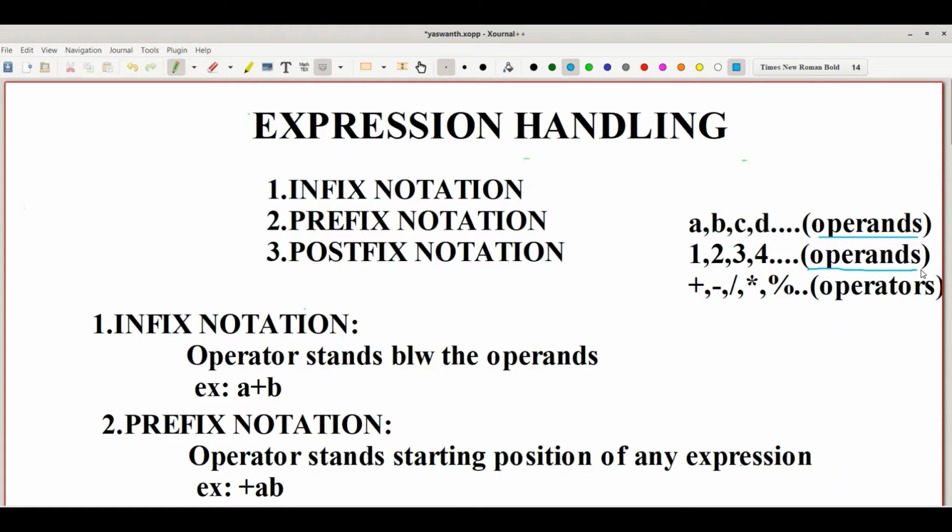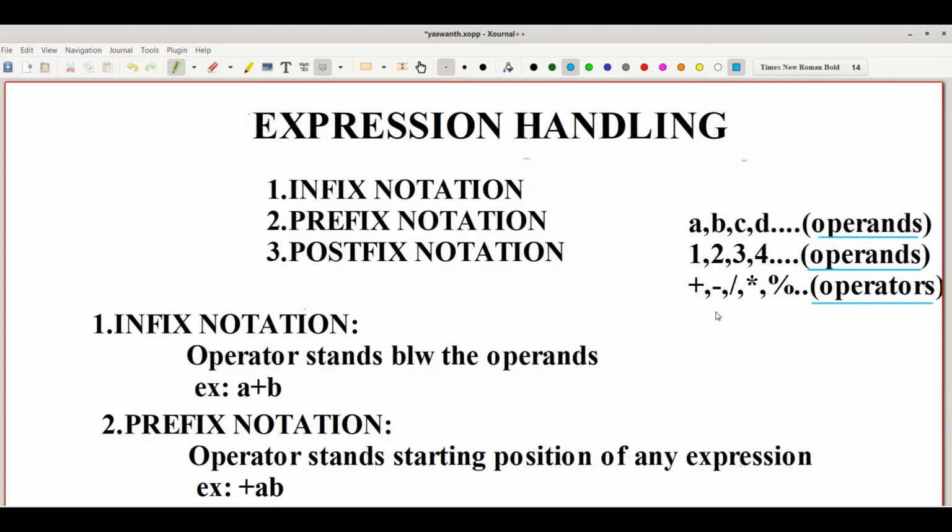All the characters are operands. And operators are addition, subtraction, multiplication, division, modulus, and brackets too. Brackets, which means close bracket and open bracket, all come under the operators.